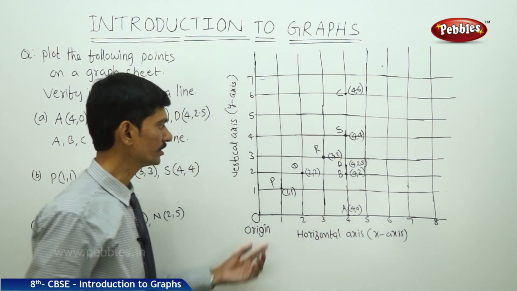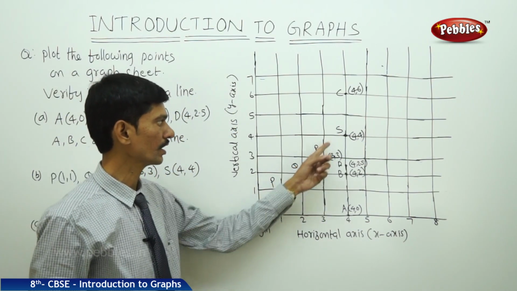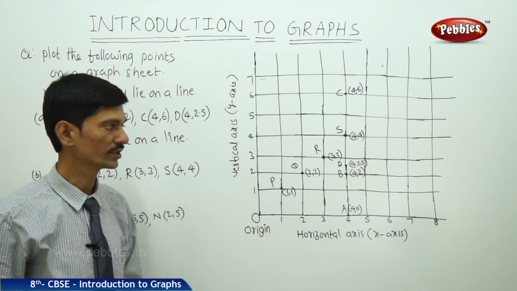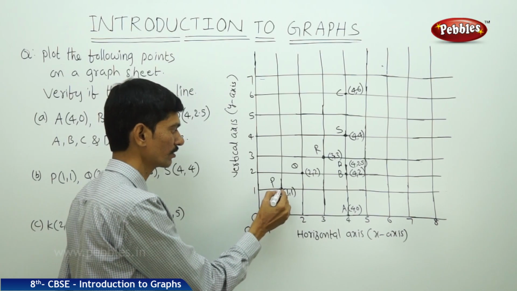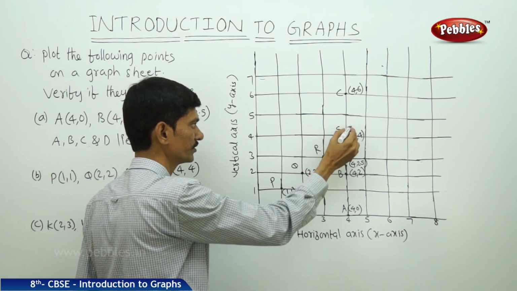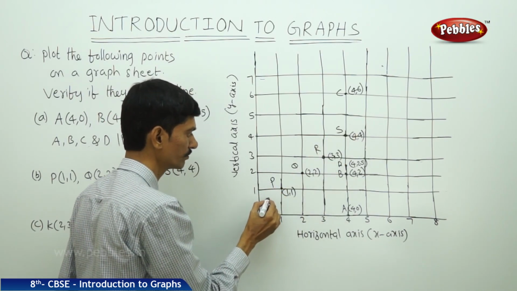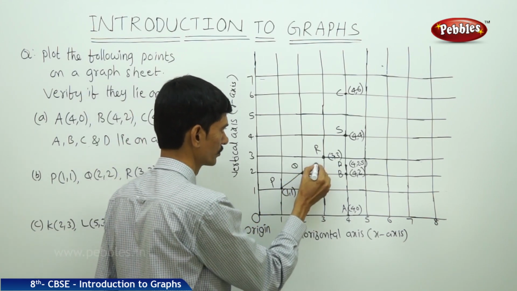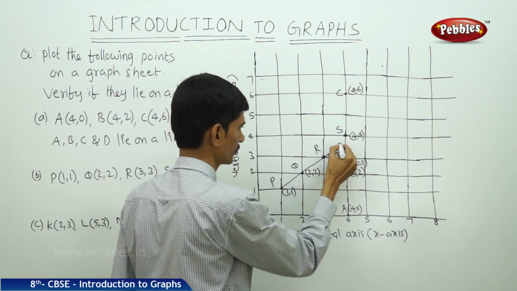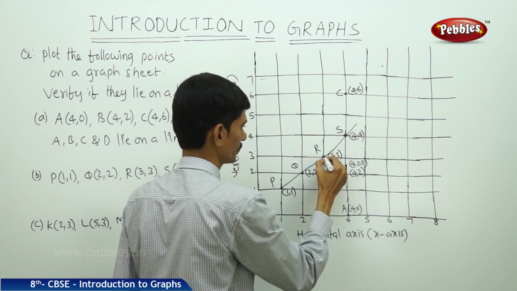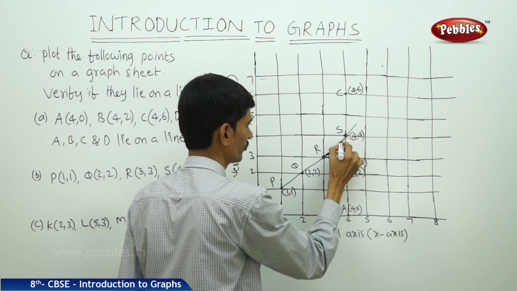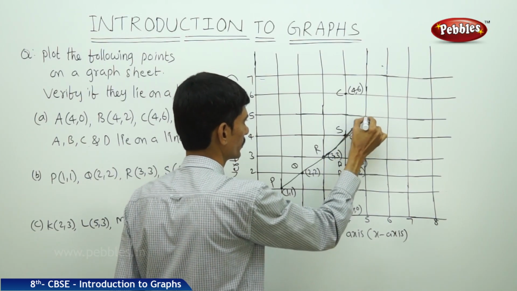Now observe all these points P, Q, R and S. So do they lie on a line or not? Yes, obviously they lie. But actually there is no line passing through all these points drawn yet. So if you draw a line passing through all these points, these 4 points lie on a line.